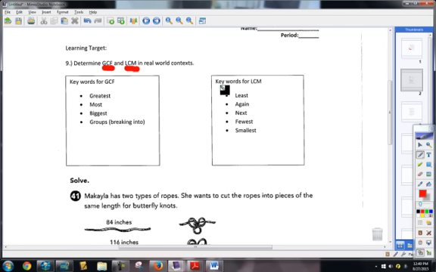Now I put these two boxes here as just a reminder, some key words to help you figure out whether we're doing a GCF or an LCM question. So for greatest common factor, if I said what is the greatest amount of this that I could have, that would be a word you would use for greatest common factor.